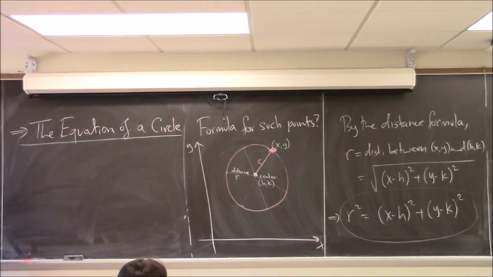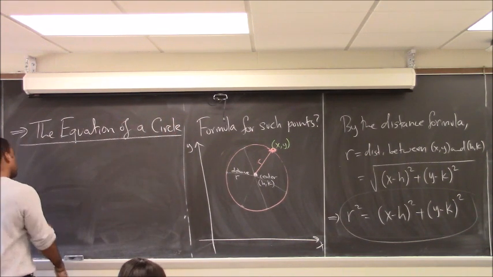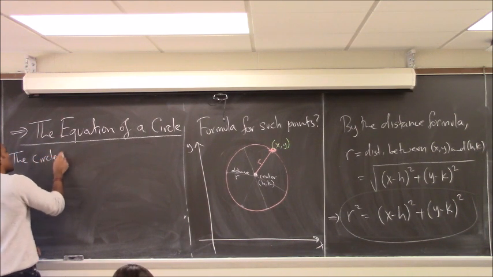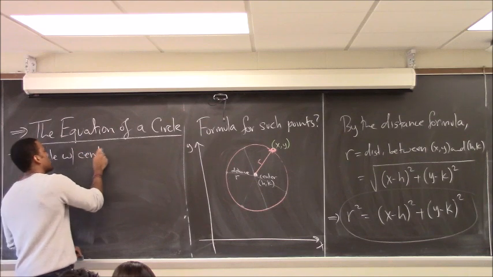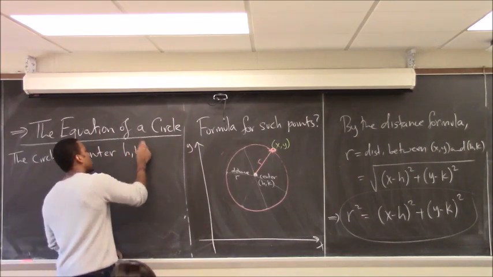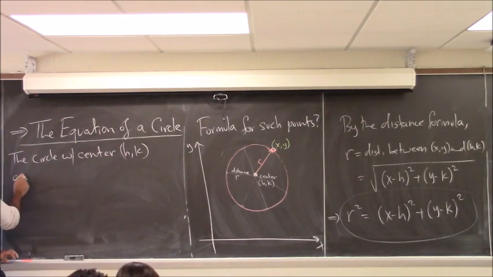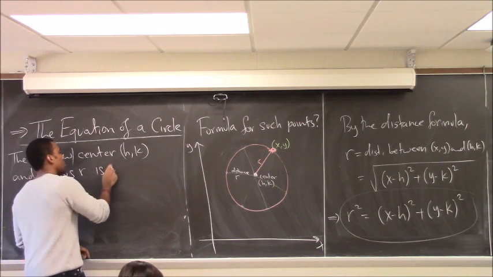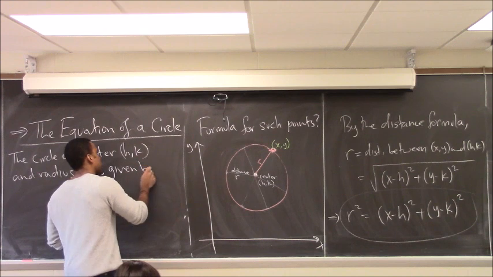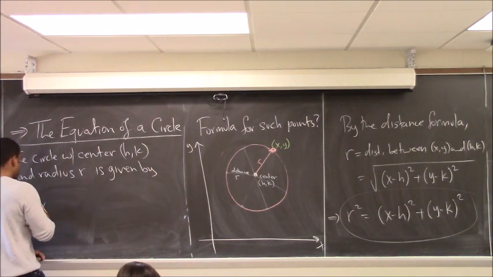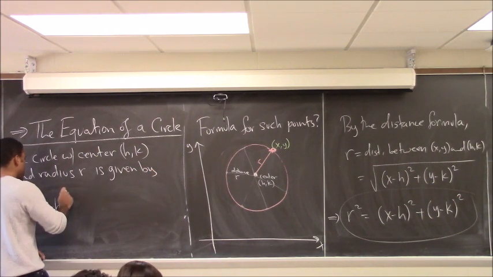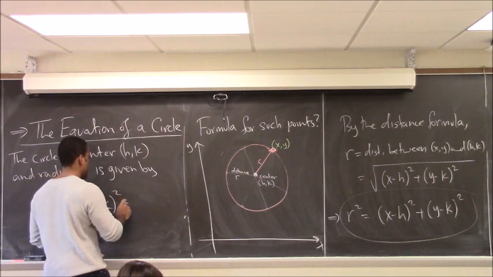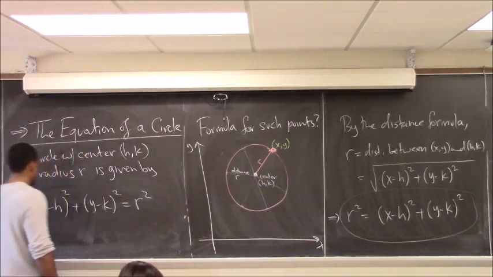Something else for you to memorize. So the circle with center (h, k) and radius r is given by this equation: (x minus h) squared plus (y minus k) squared equals r squared.